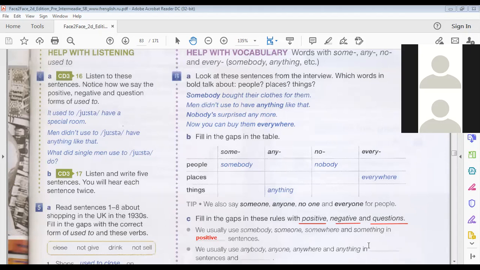So we use them in negatives and we use them in questions. So let me give you a few examples just so you can see how it works. So for example, you can say, okay, is there?